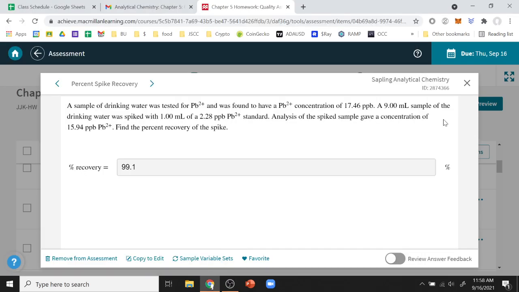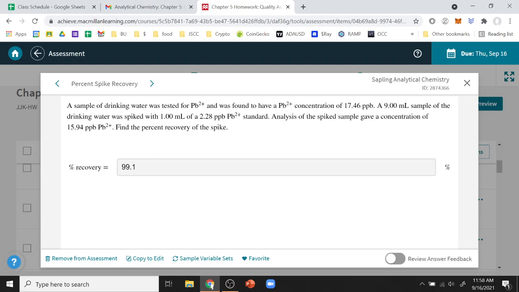Hey there. Okay, so this problem: a sample of drinking water was tested for lead 2+. It was found to have a lead 2+ concentration of 17.46 parts per billion, ppb.